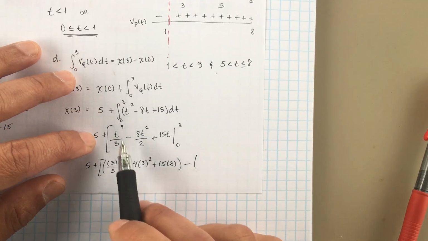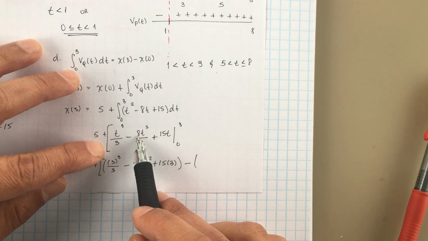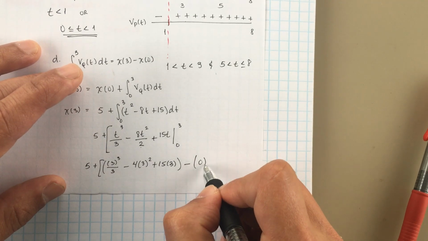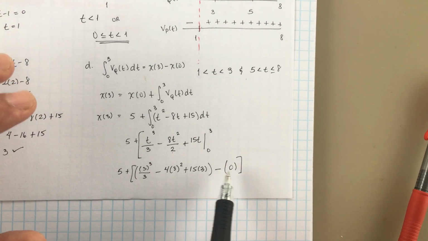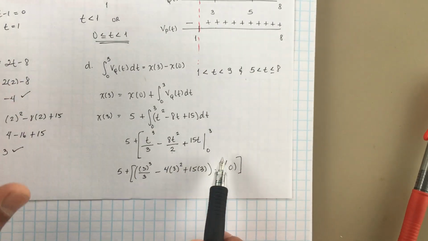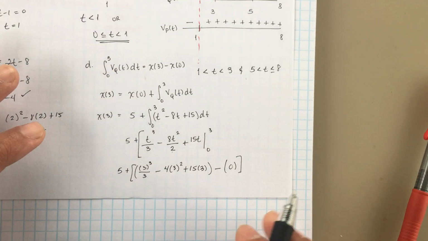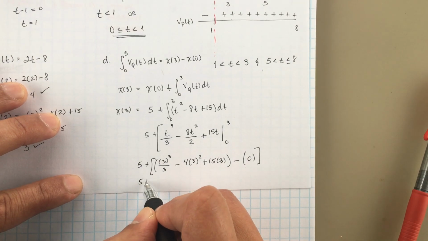And this is nice, because 0 divided by 3 is 0, and 0 divided by this, 0. Good, that's awesome. Now just be careful, because you've got to check that 0. Just because it says 0 doesn't mean it disappears. Sometimes there's a constant and the students forget that constant. So be careful.